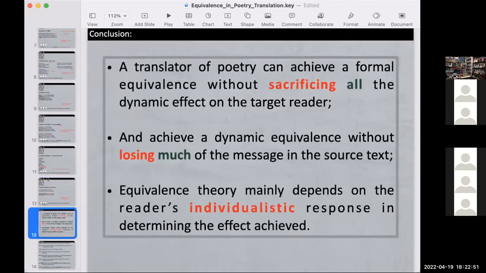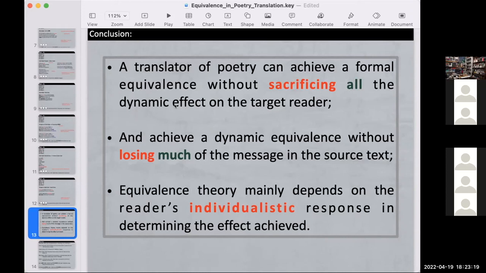So what I wanted to say is that a translator of poetry, of course, poetry is the most difficult type of translation, can achieve a formal equivalence without sacrificing all the dynamic effect on the target reader, and achieve a dynamic equivalence without losing much of the message in the source text.